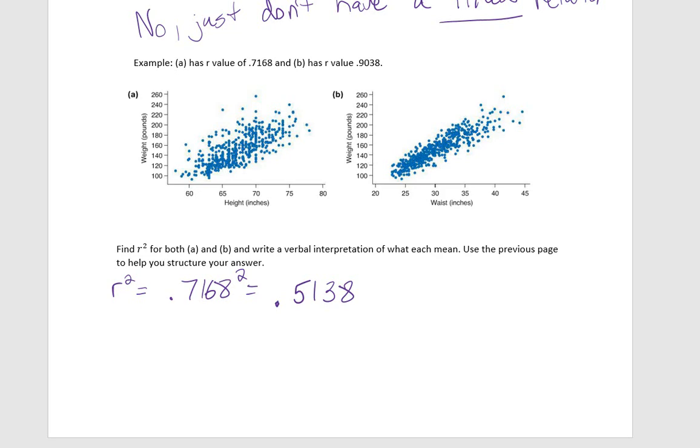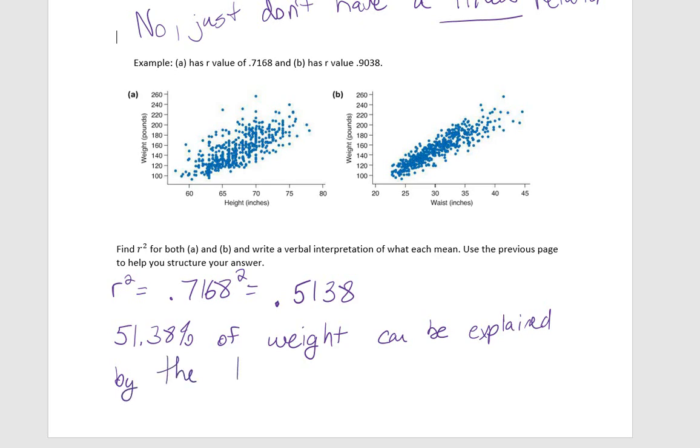Now, when we write a verbal interpretation, it's going to say that 51.38% of weight, that's our y variable, can be explained by the linear relationship to height.